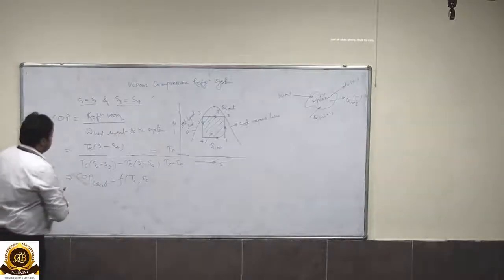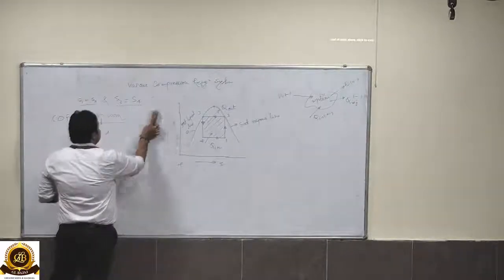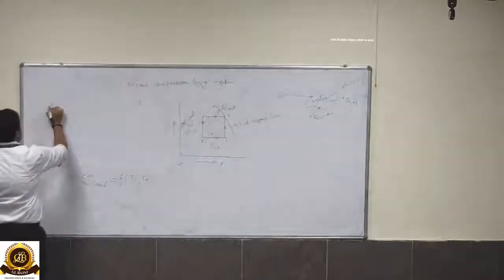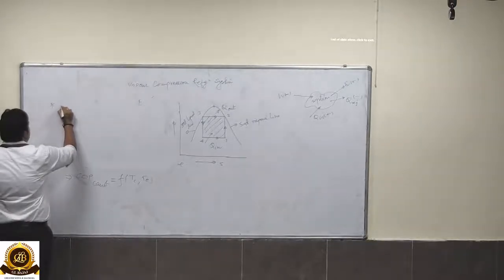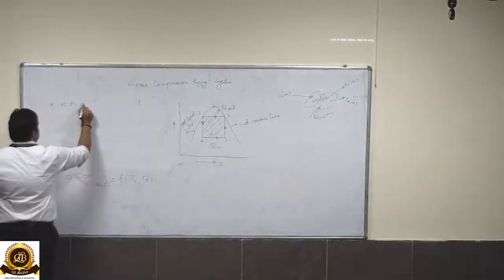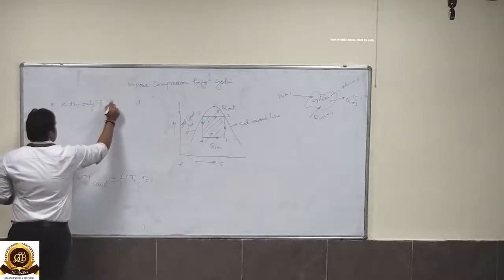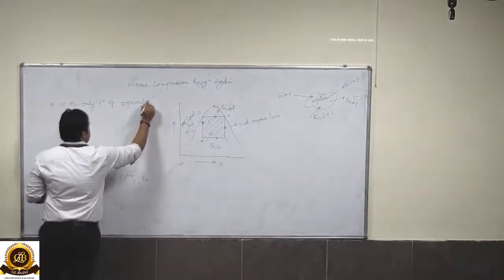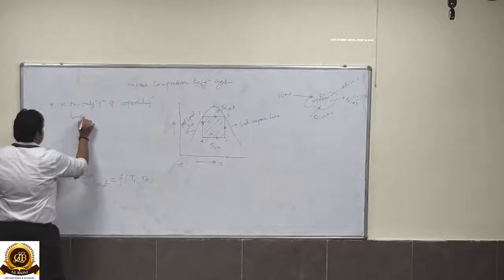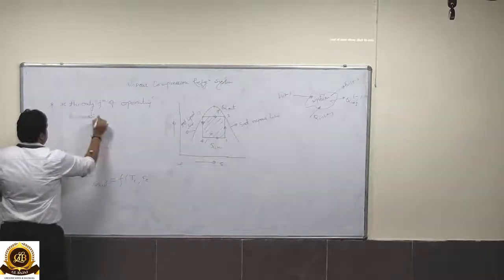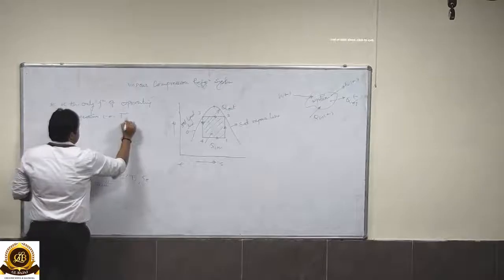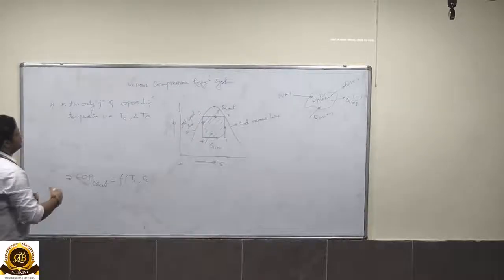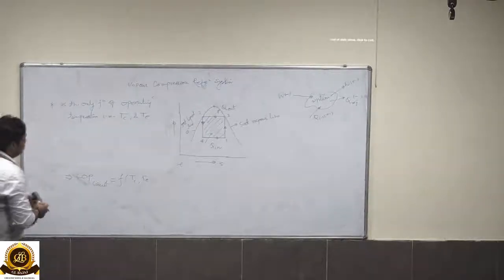It means for a reverse Carnot cycle, the COP is only a function of operating temperature, that is TC, condenser temperature, and evaporator temperature, which are also the heat sink temperature and the heat source temperature.